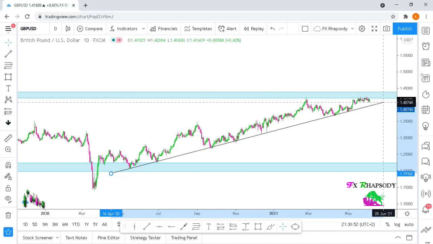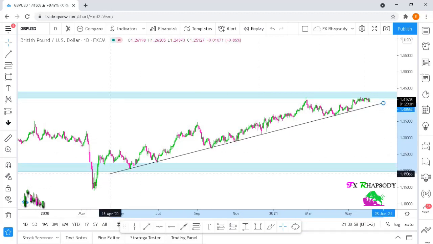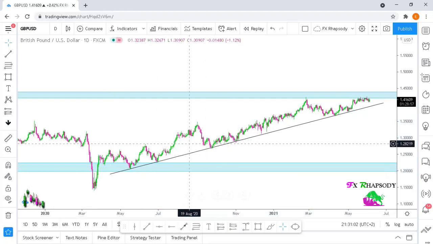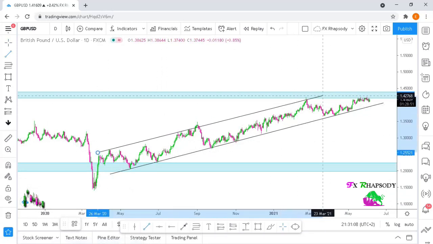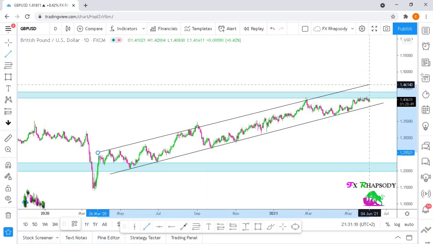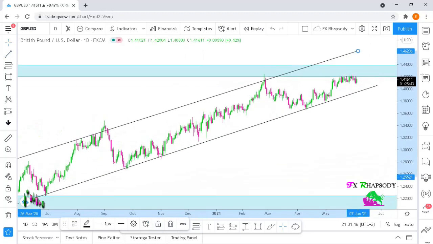It's been touching those areas. Sorry, I've scrolled out so much. Here we go. And then let's draw the one at the top here. That's it. Okay, just want to zoom in a little bit.